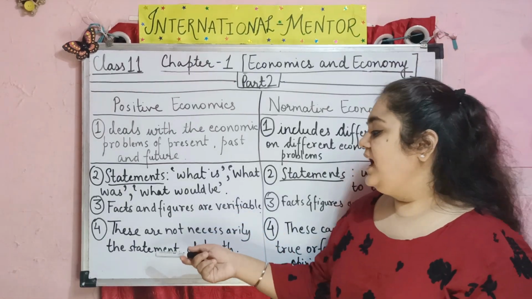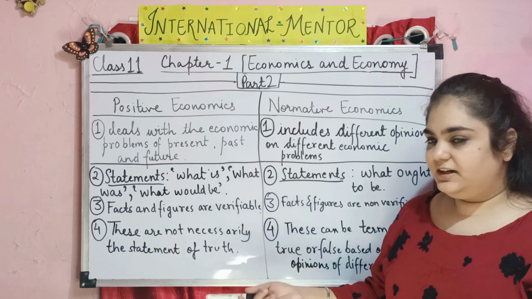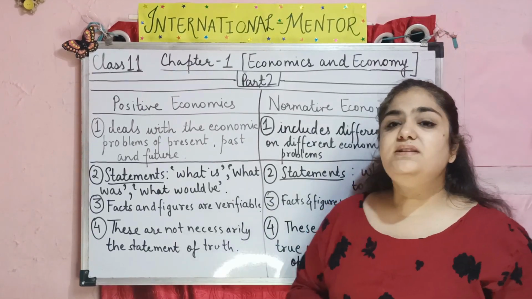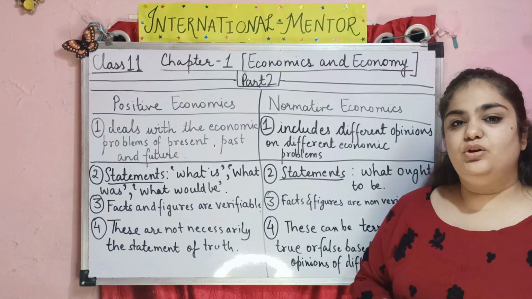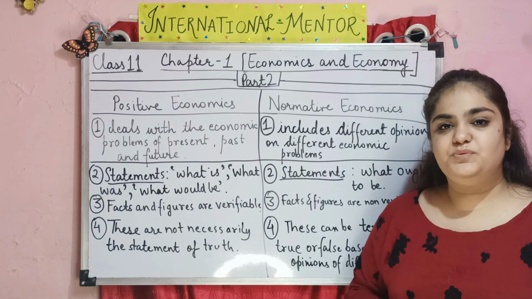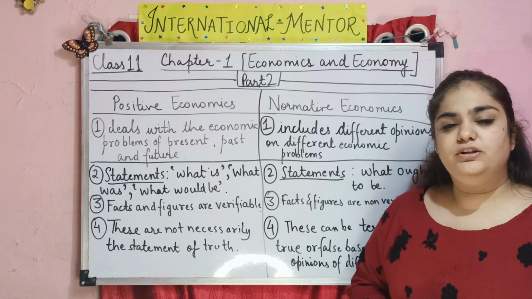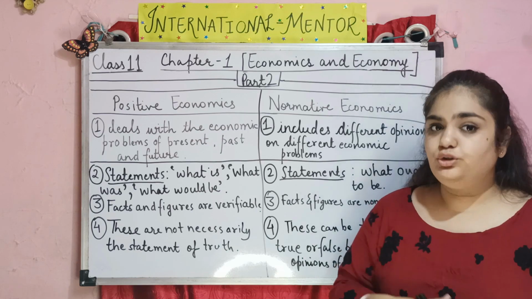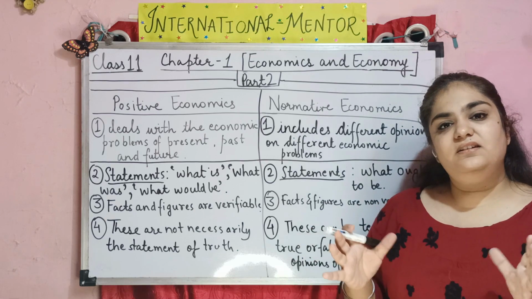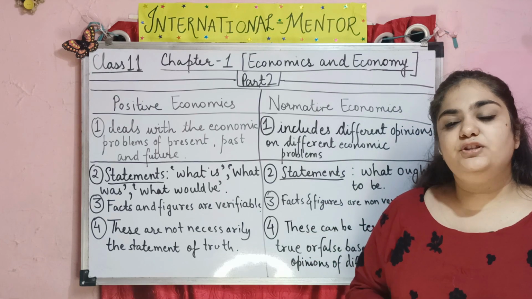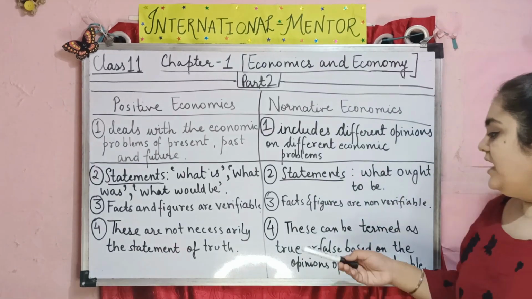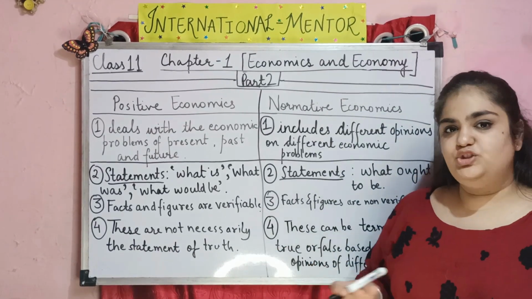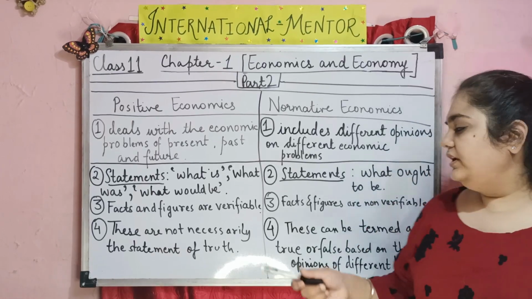Positive economics statements are not of truth or falsehood, because these are facts and figures which are based properly on the situation, and we cannot say that this is true or this is false. These are the perfect statements which we need to follow, or like, these are just said, not followed.